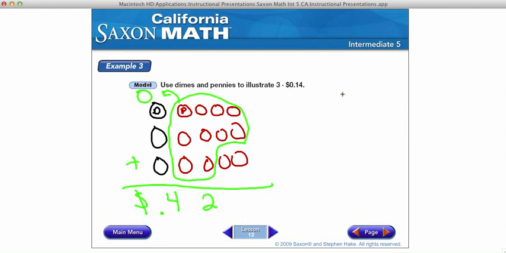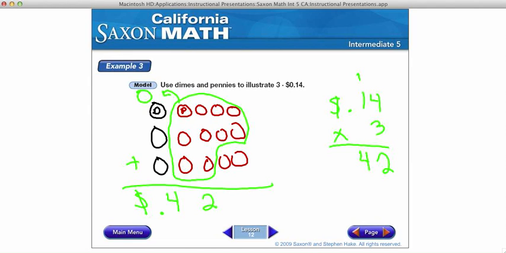Okay, I can also multiply this. So let's see what that would look like. 14 cents times 3. 3 times 4 is 12. Carry the 1. 3 times 1 is 3, plus 1 is 4. Now, I cannot just bring down my decimal point.